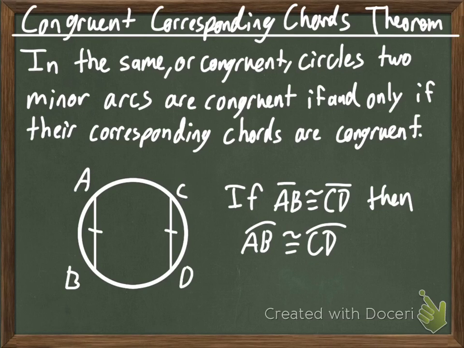So we can use our chords. So if we know that chord AB and chord CD are congruent, then we know that arc AB is congruent to arc CD. Please note this only works with minor arcs.